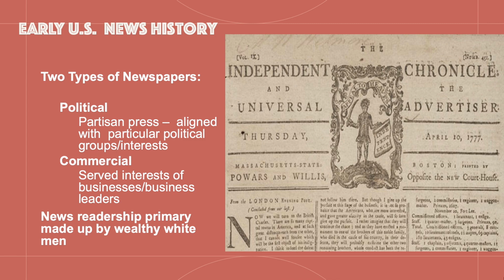Of course, there's some overlap in this, but the idea is a commercial press was about the goings on in the business world. And so their audiences were different, their funding sources were different. News readership was across both of these, though, primarily made up of wealthy white men, right? That was sort of the standard expectation of who the audience was that newspapers were being written for.